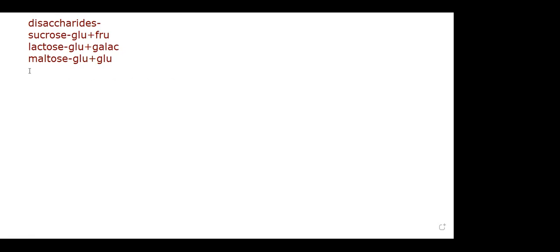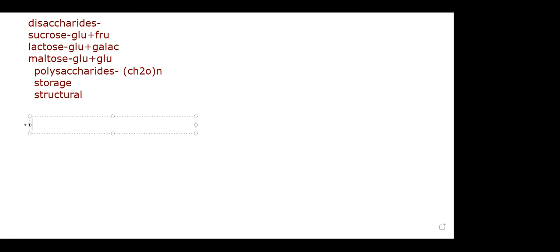So the third one is polysaccharides. They are made up of n number of monomers. The polysaccharides are divided into storage polysaccharides and structural polysaccharides. Storage polysaccharide means those involved in the storage of food material.